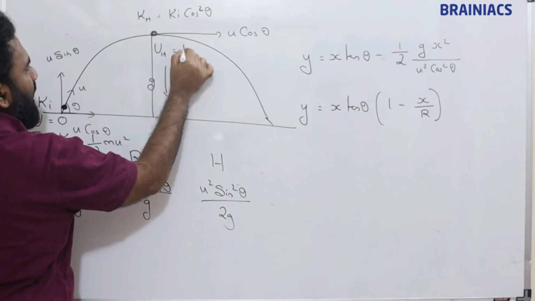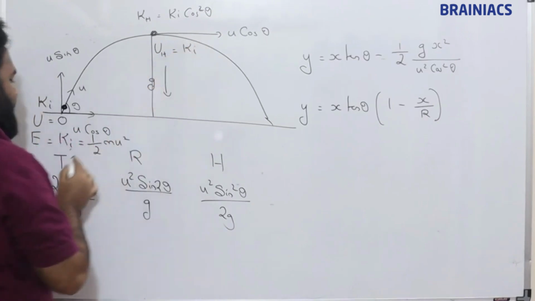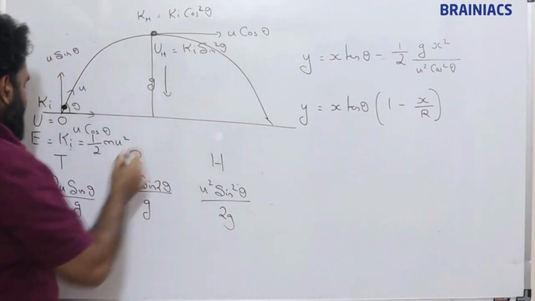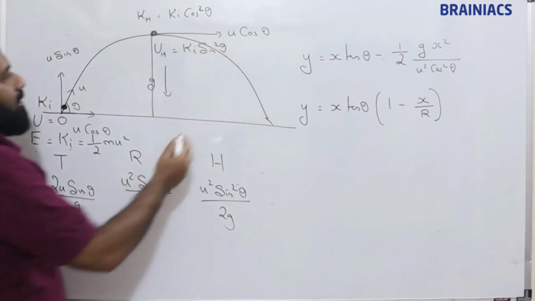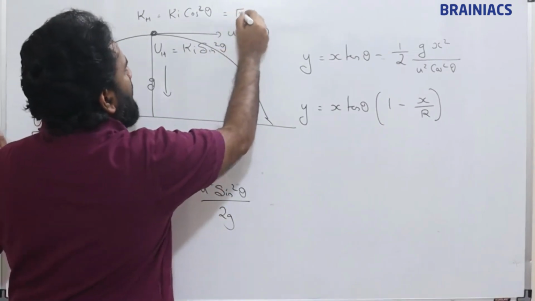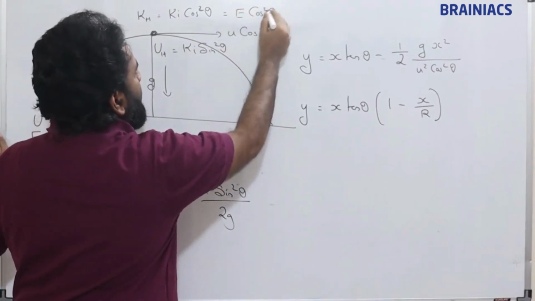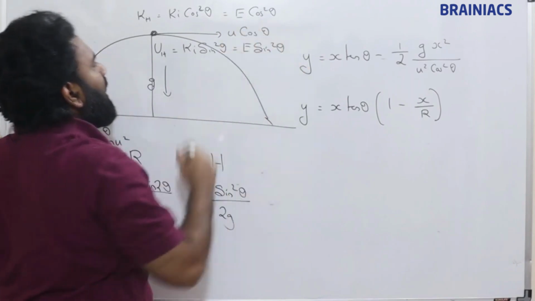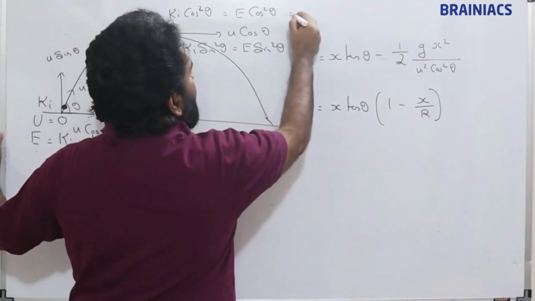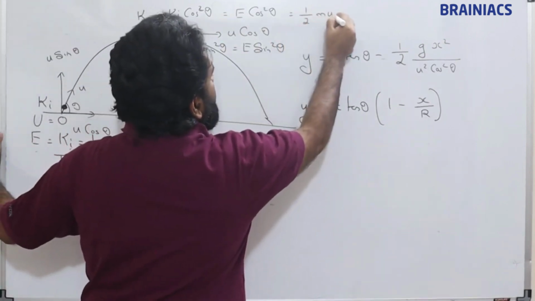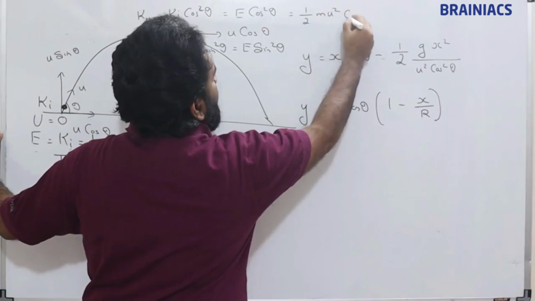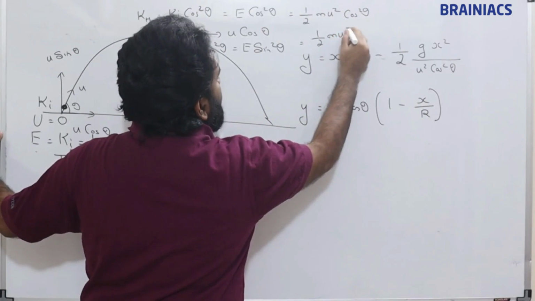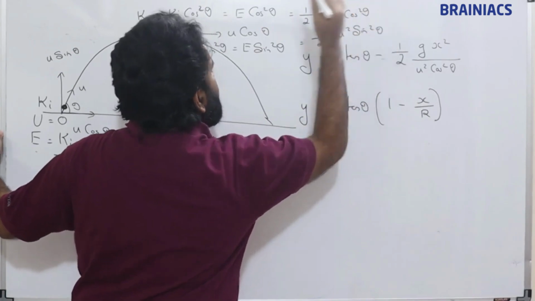Potential energy at maximum height is nothing but the initial kinetic energy Ki sin square theta. This is the same as total energy. So we can write total energy cos square theta or total energy sin square theta, or even in this way, half m u square cos square theta, or half m u square sin square theta.